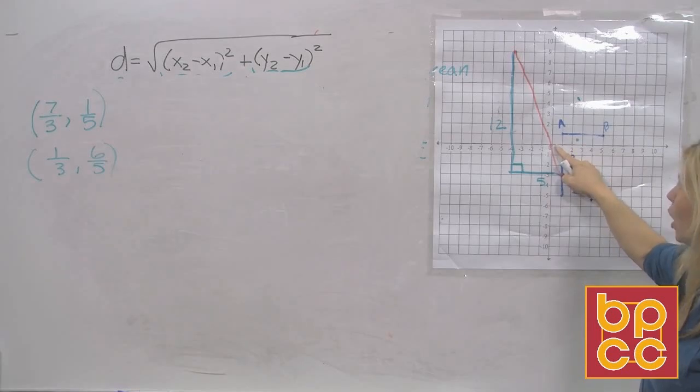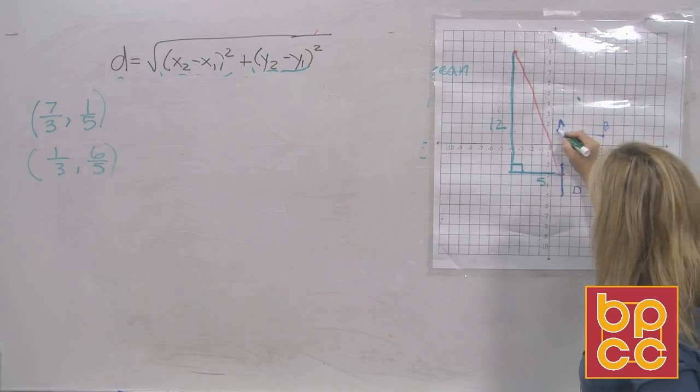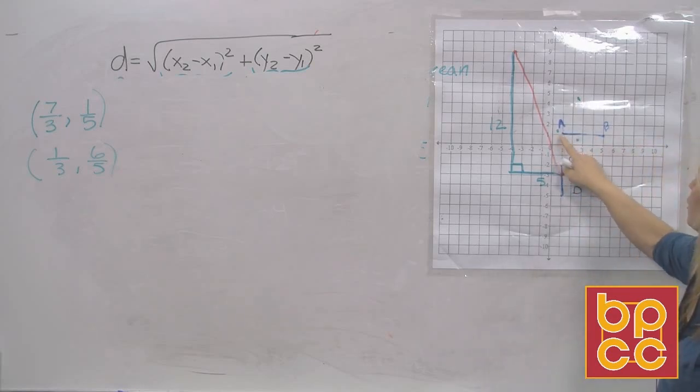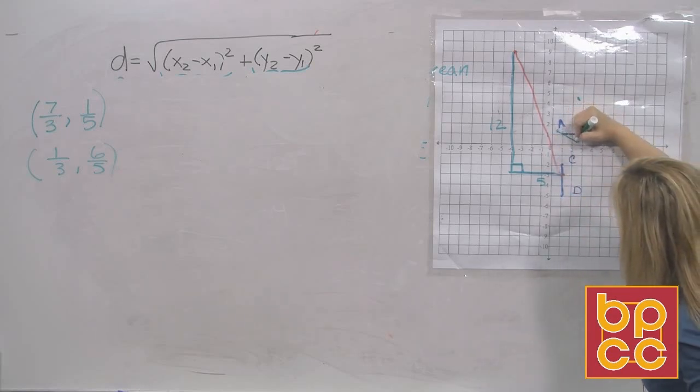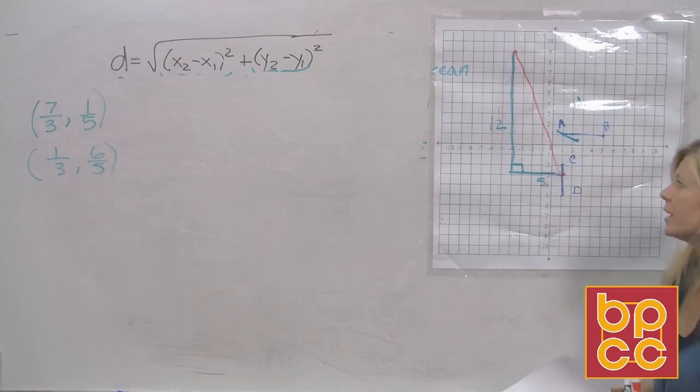It's between 0 and 1. 6/5 is improper, so you have to change it. 5 goes into 6 at least once, so that's a little bit bigger than 1. That's right there. Well, if you connect those 2 points, yeah, they're going to make a diagonal line segment, but you can't look at this and tell me the distance from there to there. So we're going to need the formula.